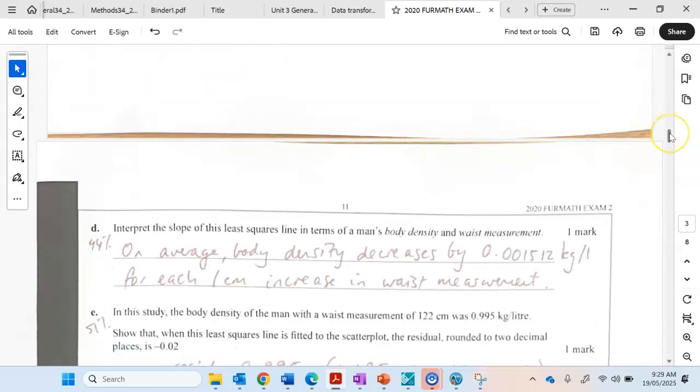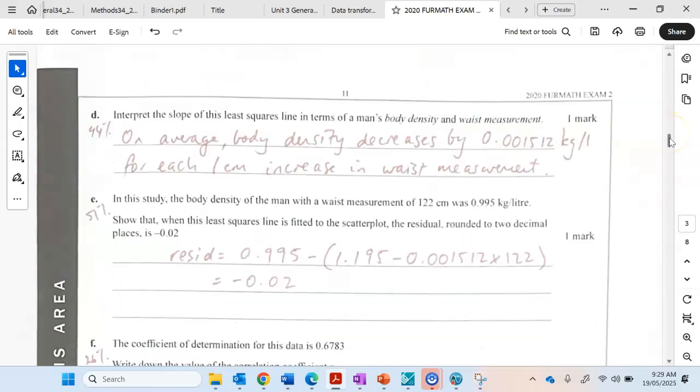All right, part D, interpreting the slope of the least squares line. So 44% got it right. My mind is always boggled when this is not done well. So I would say 44% is not done well. You just have to get the sentence correct. So what changes is, body density is your RV.